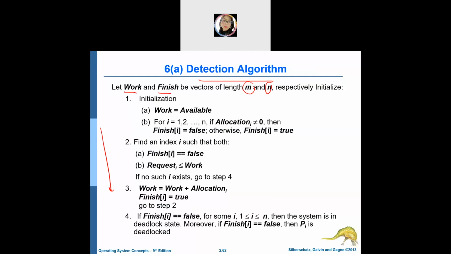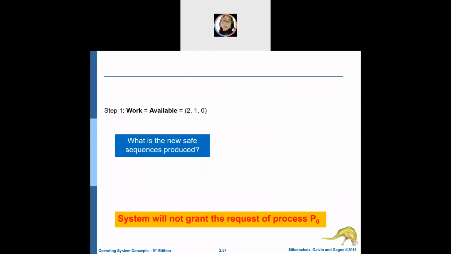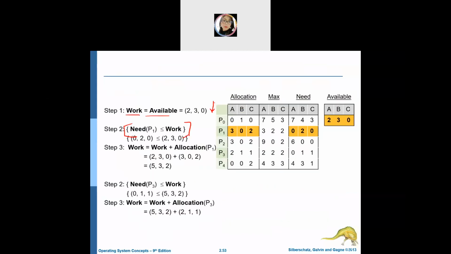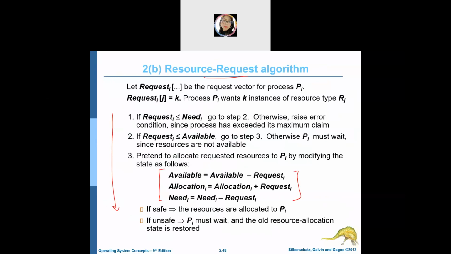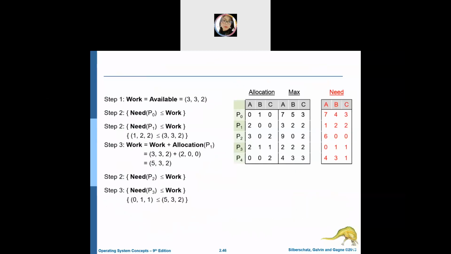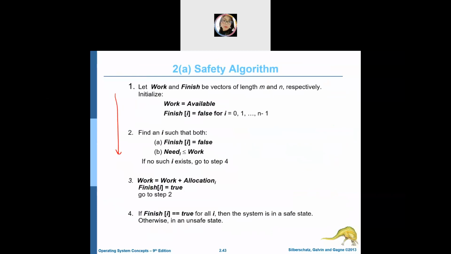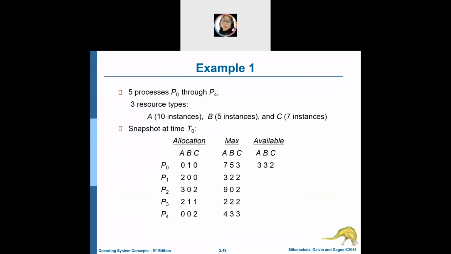Work and finish will be vectors of size M and N. You need to compare work and available. Similarly, if you look back at your safety algorithm, you also compare work with available, and you also have altogether 4 steps, similar to our method here.